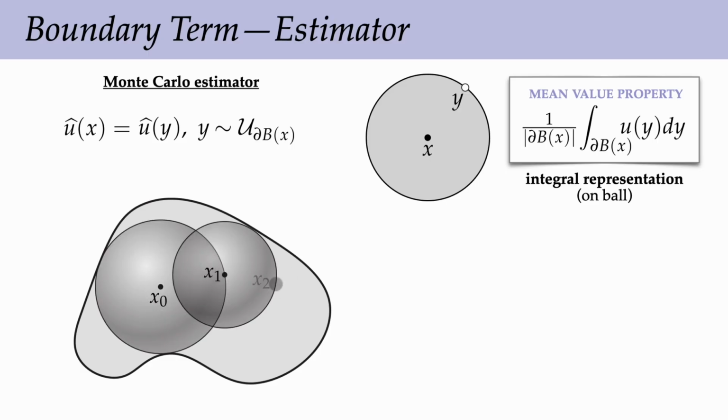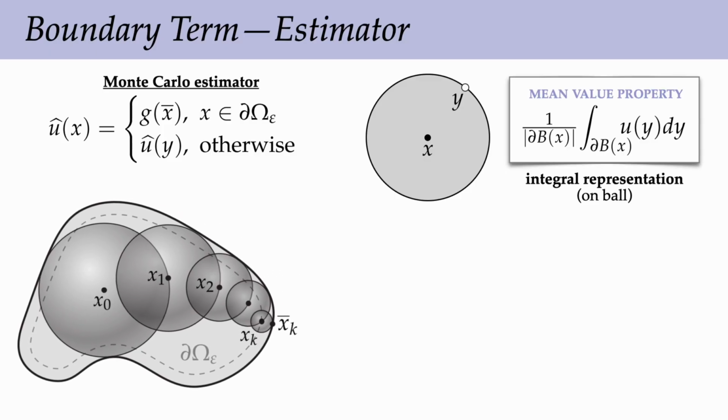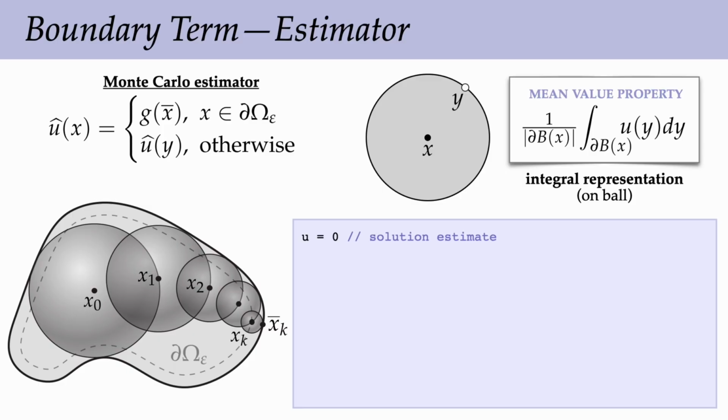It starts at x0, sample x1, sample x2, and so on and so forth. And as we said before, for this to ever terminate, we need to then jump finally to some point on the boundary, the closest point on the boundary, which is going to introduce a small but controlled amount of bias. Our entire solver for the Laplace equation boils down to about 10 lines of code.